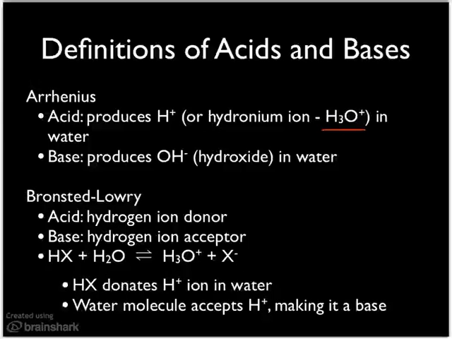As far as the base, if a base is in water, it will produce an OH- ion, which is known as the hydroxide ion. So that definition is probably the one that you know the best.